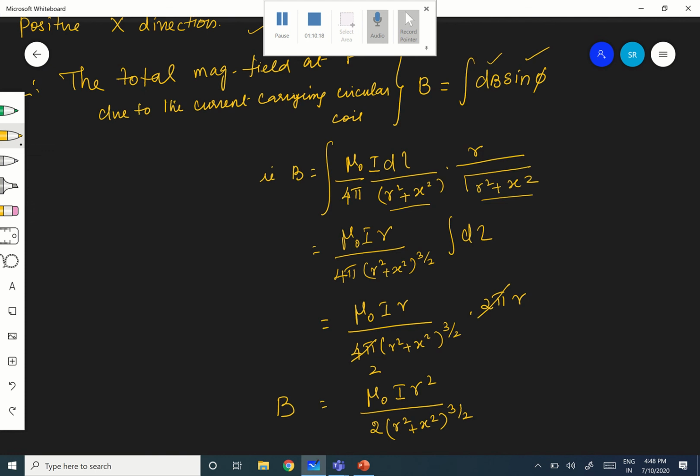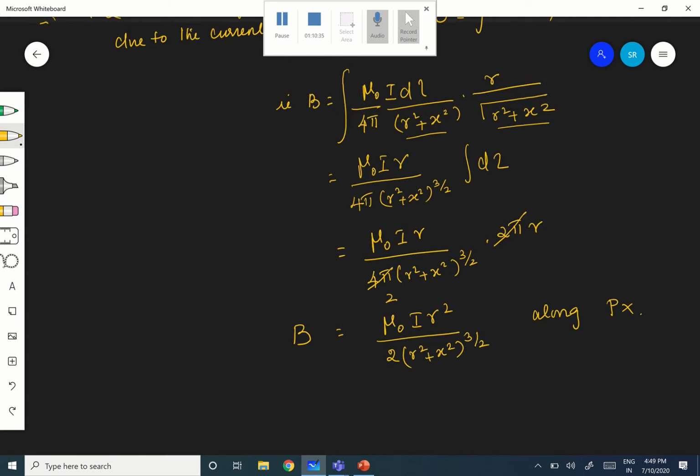And what is the direction? Along positive x axis, right? If it has n number of turns, then you multiply by n.